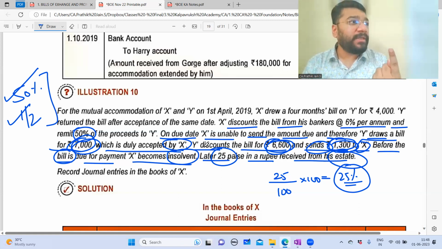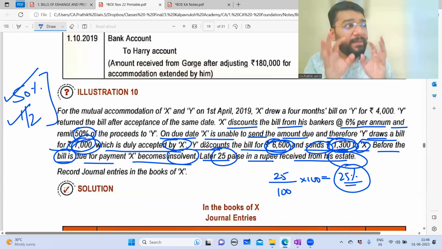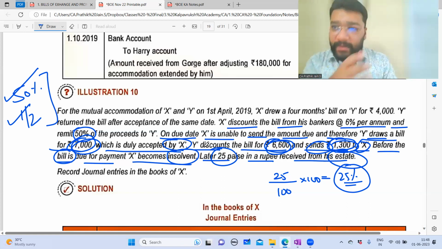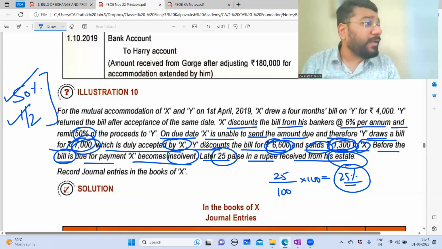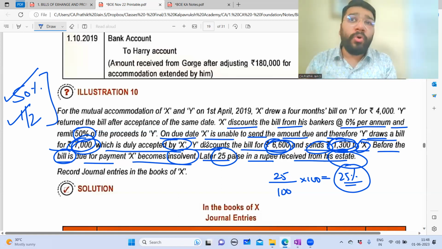Because there has to be one person who is given responsibility of selling the assets, and whatever money is coming, he has to give it to multiple people. So that responsibility is given to the official receiver. You will come across this word official receiver in CA Foundation, CA Inter, and CA Final at so many places. So official receiver is basically a person who is appointed by the court to look after the recovery from the assets and distribute to the people.